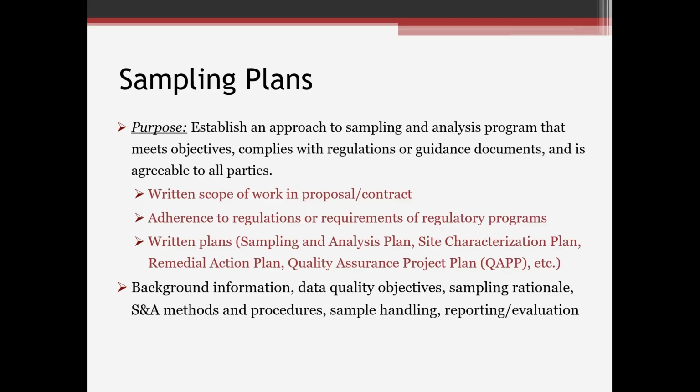Other things, you have adherence to regulations and requirements of regulatory programs, so make sure that's in your sampling plan. That might include a sample analysis plan, site characterization plan, remedial action plan, or a quality assurance project plan, or a combination of these different plans. Make sure you have all that written out, depending on the end use and what is required for the site or project.